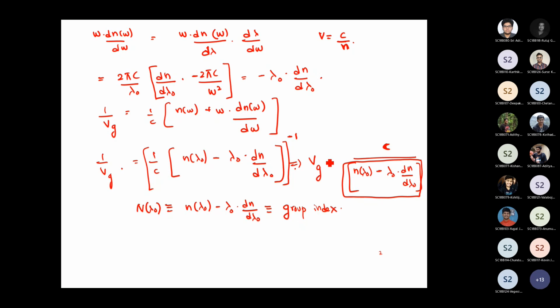Since the velocity of the group of photons is getting reduced, this entire term is denoted by the group index N of lambda naught, and therefore the denominator is ng, so it is denoted as c by ng, and this c by ng is what is called the group velocity.